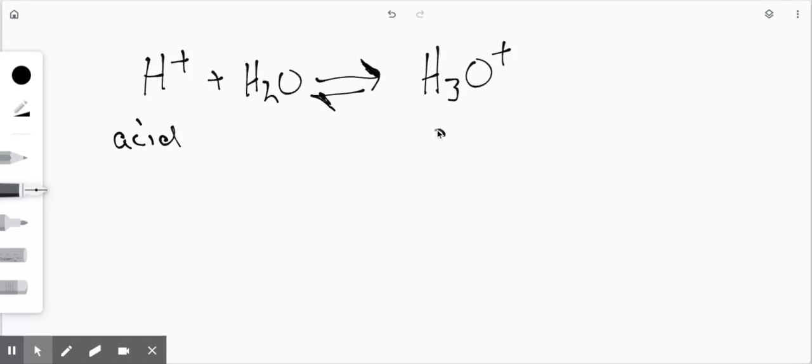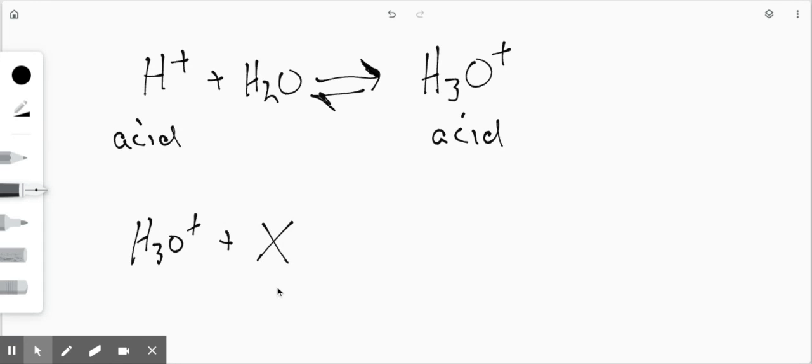This acts as an acid, and this acts as an acid. Now, you might be saying, well, how's H3O plus an acid? Well, because if H3O plus meets, let's say, something else, some other species, I don't want to get your mind off of what we're really looking at here.